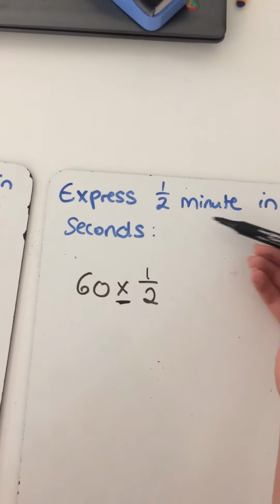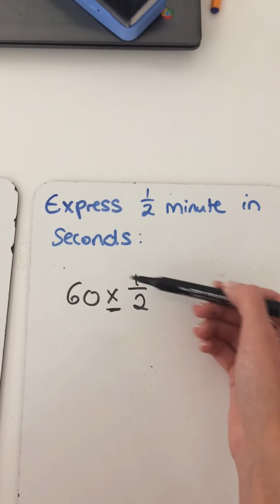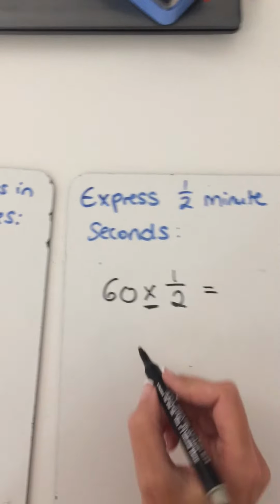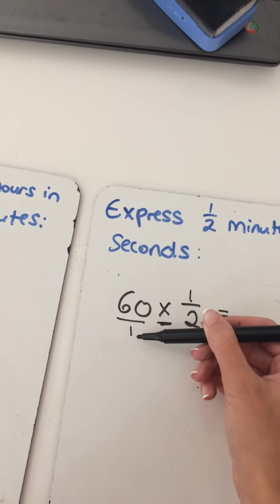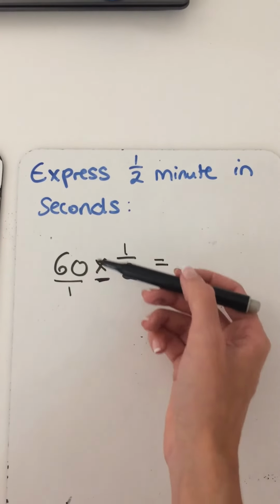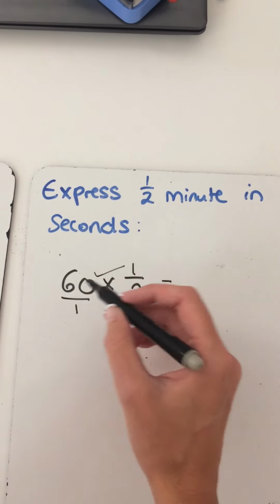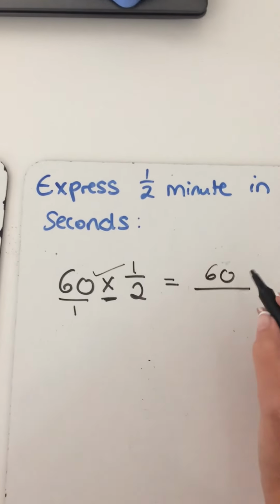So 60 seconds, half of that, that's why I have a times. Remember, your 60 is always over 1, because if you say how many times does 1 go into 60, your answer is still 60. So 60 is the same as 60 over 1. You multiply your numerators, 60 times 1 is 60. 1 times 2 is 2.